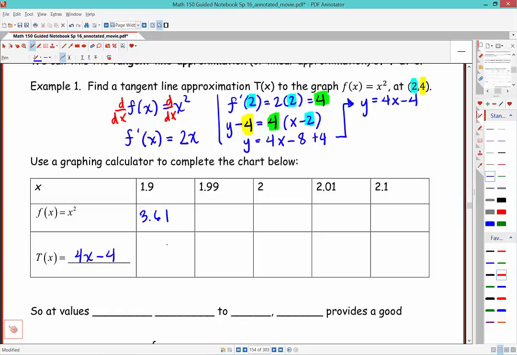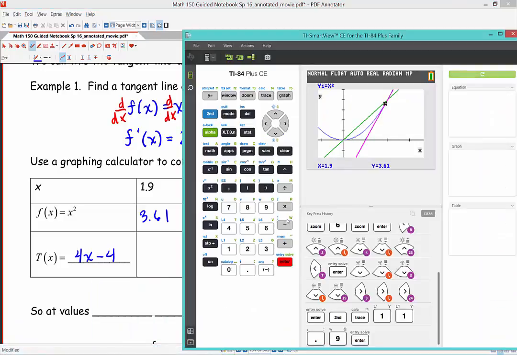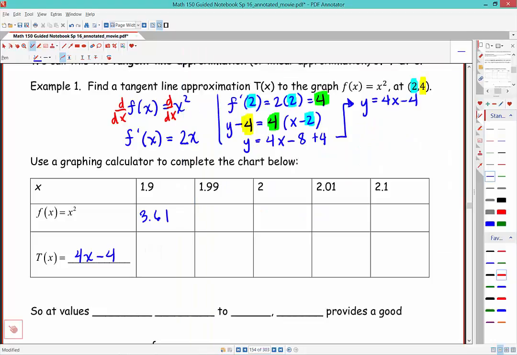And then the second graph, or not the second graph, it'll be the third graph. So I'm going to tab over to that purple one, and we get y is equal to 3.6.